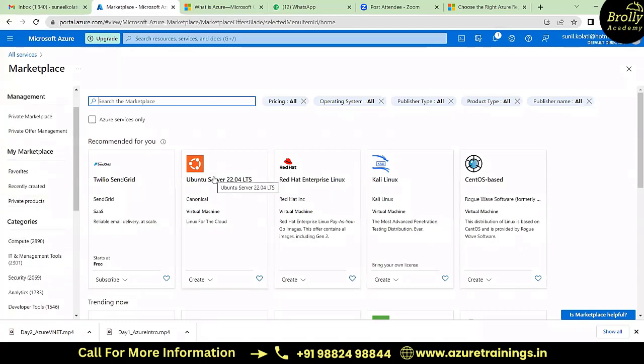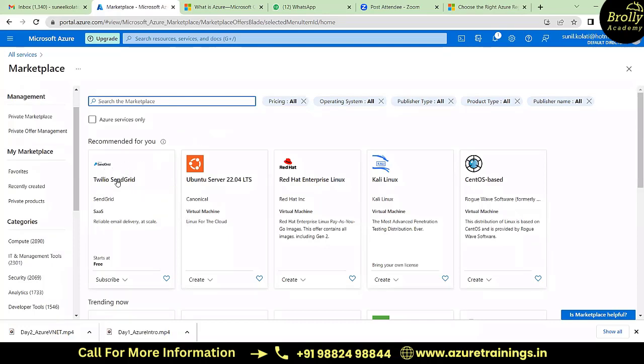In marketplace, a few companies have added their products, integrating their products into Microsoft. See, suppose it's like Twilio SendGrid. Think this company integrated this product in Azure.